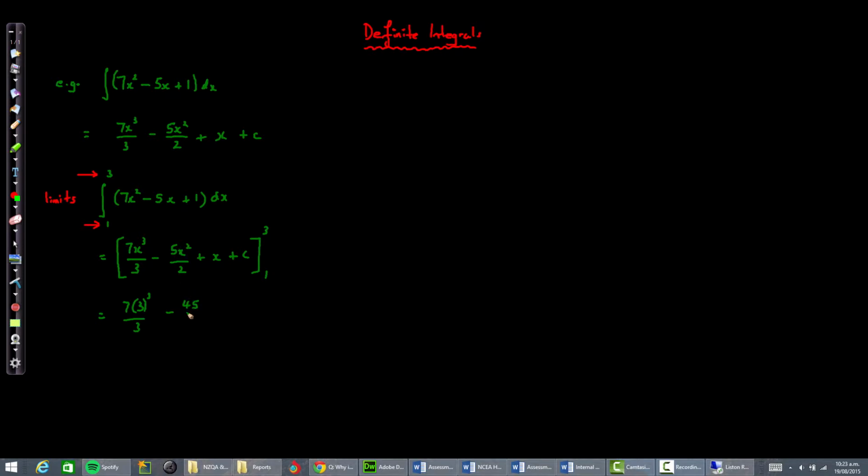So I'll just put the 45, plus 3, plus our constant. And then we take away what we get when we put the bottom limit in. So putting the bottom limit in will be 1 cubed, which is 1. 7 times 1 is 7, so 7 thirds. Putting the 1 in here is going to give minus 5 halves plus 1 plus our constant.